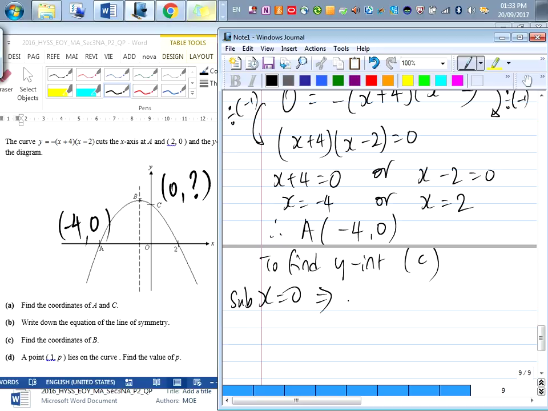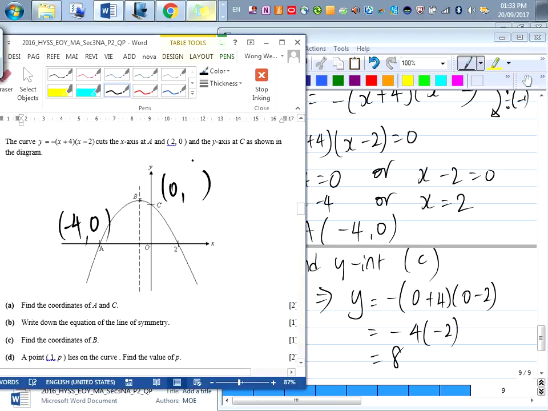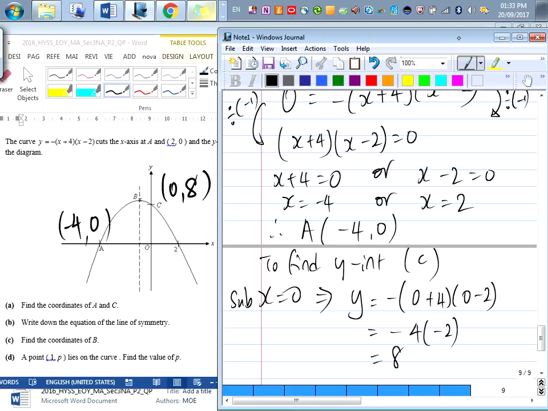Then I will get y equals negative (0 plus 4)(0 minus 2). Substitute into the equation. So I get negative 4 times negative 2. This is 8. So I know that according to my graph, this must be 8. The y-intercept is 8. Questions? Anybody?